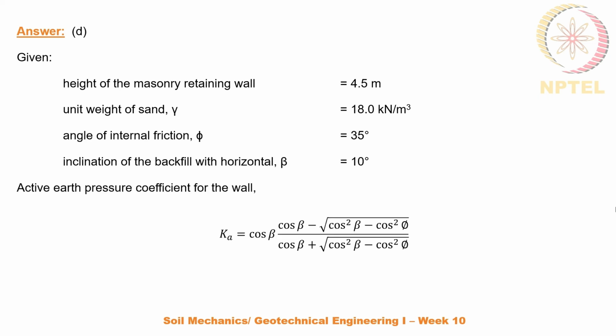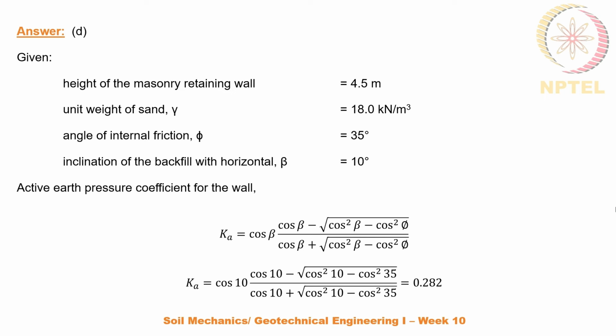So, as in the earlier problem, estimating the active earth pressure coefficient for the wall, we have Ka is equal to cos beta into (cos beta minus square root of cos square beta minus cos square phi), the whole divided by (cos beta plus square root of cos square beta minus cos square phi). Substituting as in the earlier problem, we have Ka is equal to 0.282.